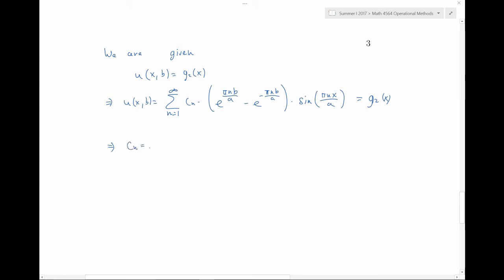So Cn must be 2 over L, which in this case, the length of the interval is a, so it's 2 over a times 1 over e to the pi n b over a minus e to the minus pi n b over a, times an integral from 0 to a of g2 of x times sine of pi n x over a dx.